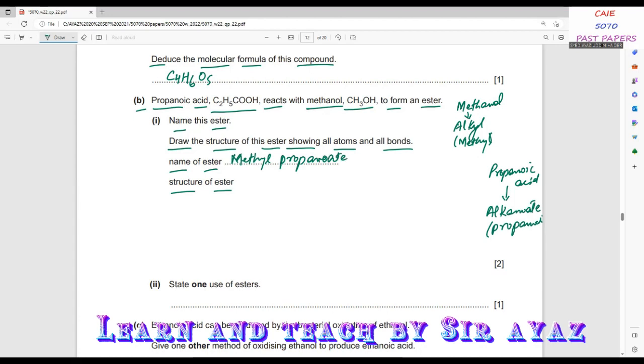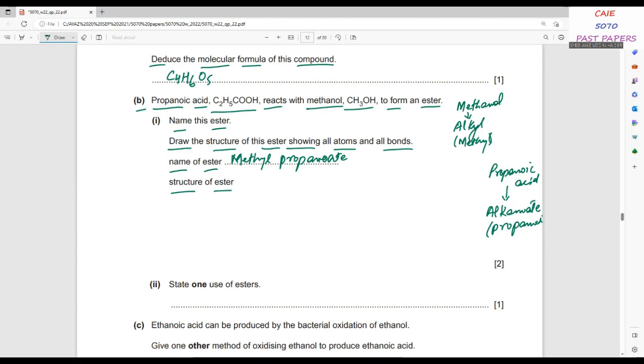Now the structure of the ester. We can start with the methyl group. For methyl group, we have CH3. This will be CH3 joined by oxygen. Then you have propanoate coming. C double bond O, 1, 2, 3. Now I'm placing all hydrogen atoms.